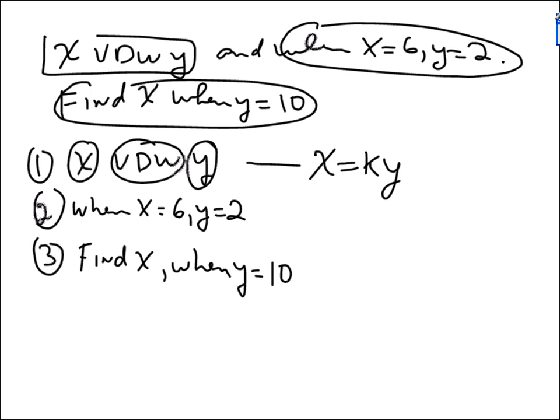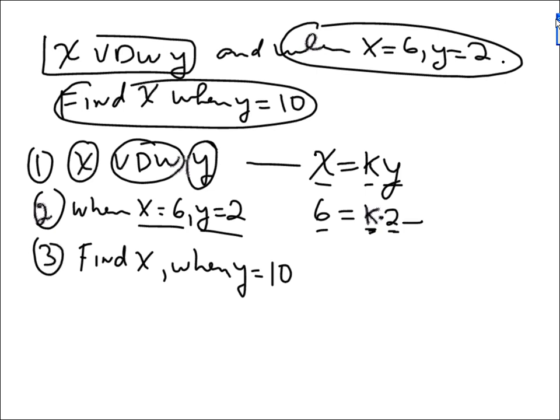Now we can find k, because they tell us when x is 6, y is 2. There are 3 unknowns. If they give us 2 of them, we can find the third one, namely k. When x is 6, y is 2, this means k times 2. K is some number. Some number times 2 is 6.